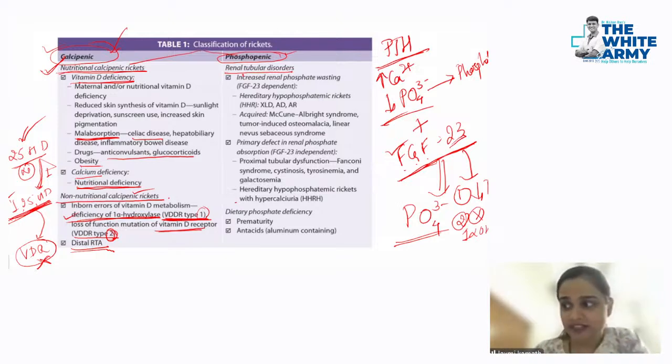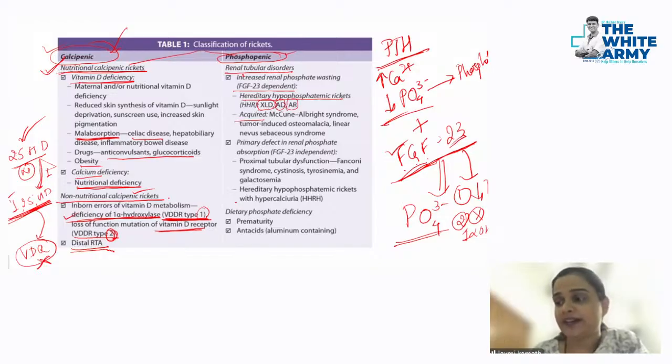So depending on whether FGF23 is more or less, you have different causes of phosphate wasting. If it is FGF23 dependent, then these are the ones. Predominantly you should remember hereditary hypophosphatemic rickets, which can be X-linked, autosomal dominant, or autosomal recessive.